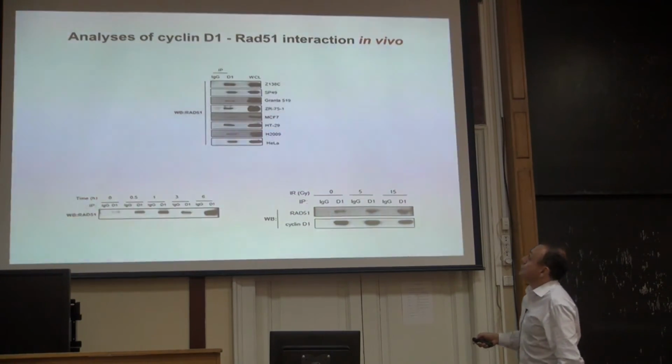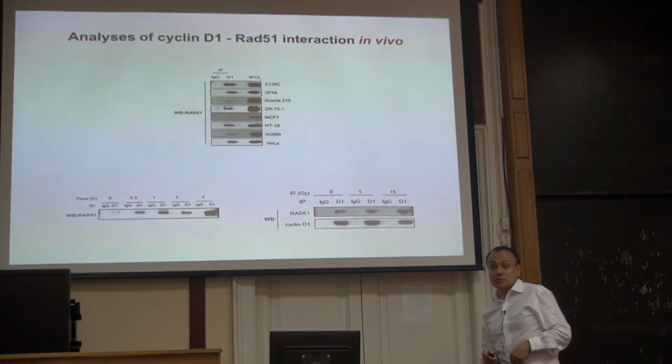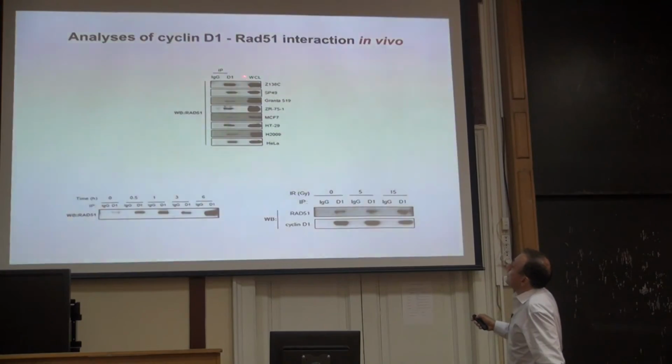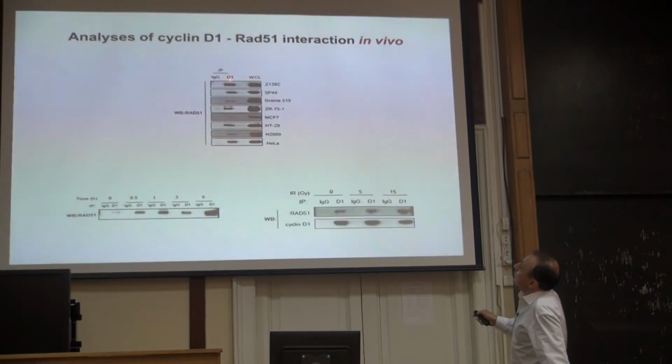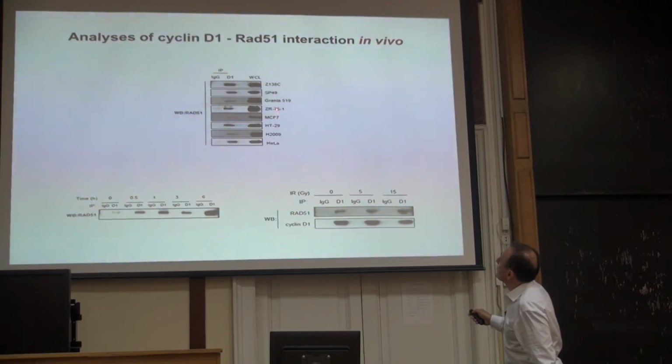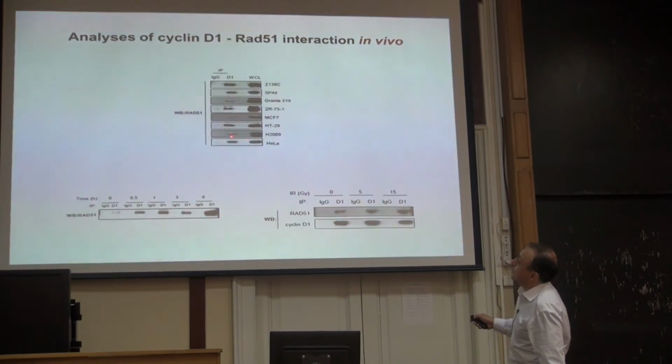So first of all, we wanted to see, does cyclin D1 really bind RAD51, not through mass spec, but through immunoprecipitation Western blotting. Here we immunoprecipitate cyclin D1 and Western blot for RAD51, not only in the cell lines that we used for our mass spec, but in 9 different cells, and in each of them we see the interaction. Here we irradiate the cells, and then you look for the interaction between cyclin D1 and RAD51. At time 0, this interaction is very weak.